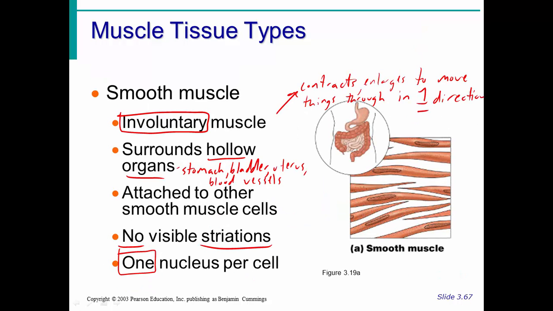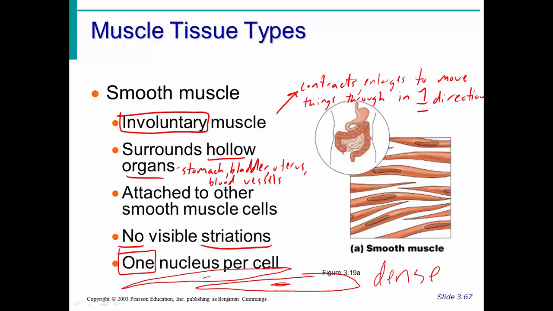Smooth muscle. Remember that I said you might get this confused with dense. So a completely different category of tissue, you might visually get confused with smooth muscle. What I look for is that, yes, there's one nucleus, but they're going to be really long, spindly shaped cells. So not 2 feet cells like skeletal muscle. They do not have striations.